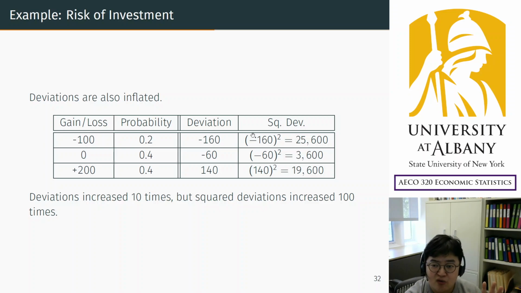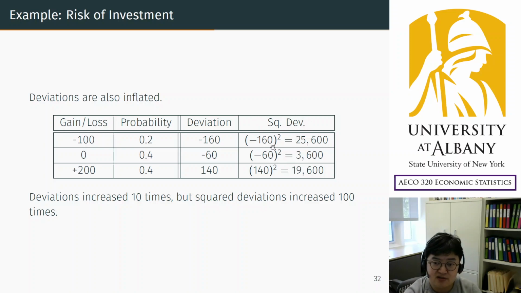And then the next step is to square them. When you square something multiplied by 10, then times 10 becomes times 100. 10 is also squared, so you get two zeros. 100 is multiplied in the squared deviations.